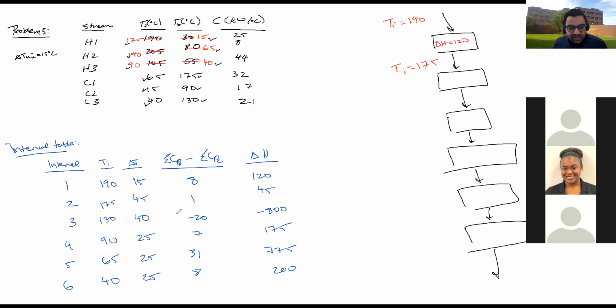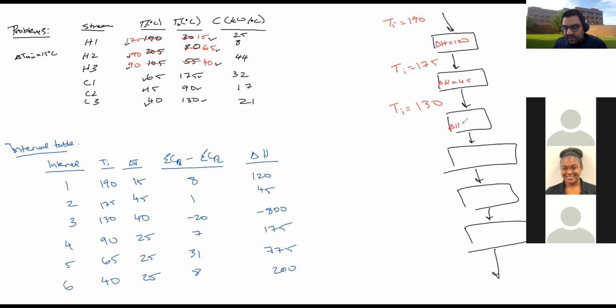Then I have 175 and 45, and then 130 and minus 800. Let's write these properly. Here delta H is equal to 45.